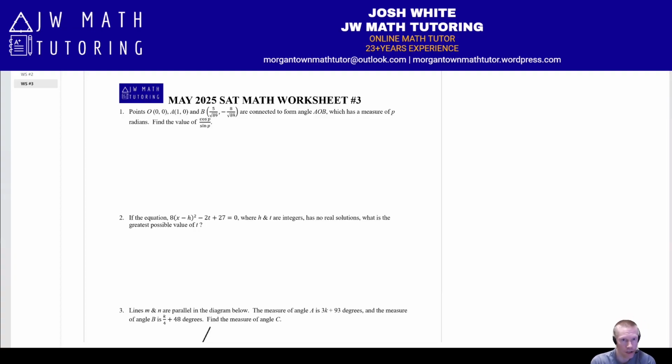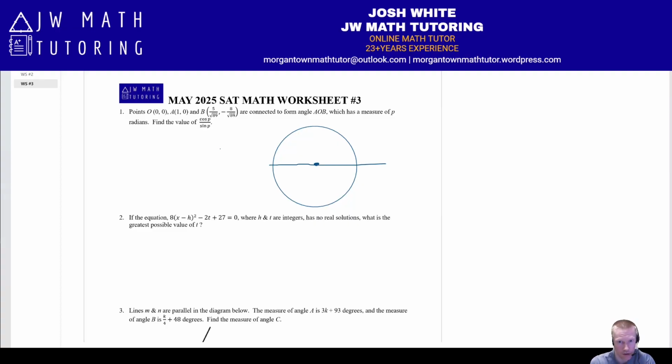All right, the first one is this one that asked for cosine p over sine p, basically had an angle on the unit circle. And essentially what's going on here is, okay, if you draw, say our circle looks like this, and we have basically O right here at the center.